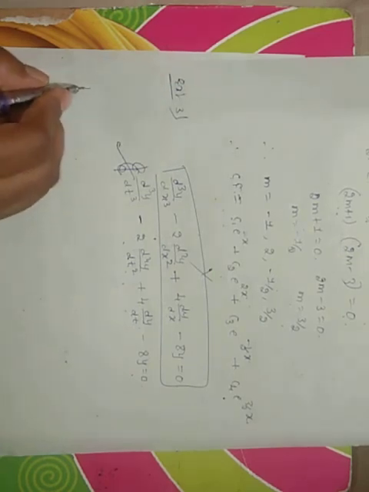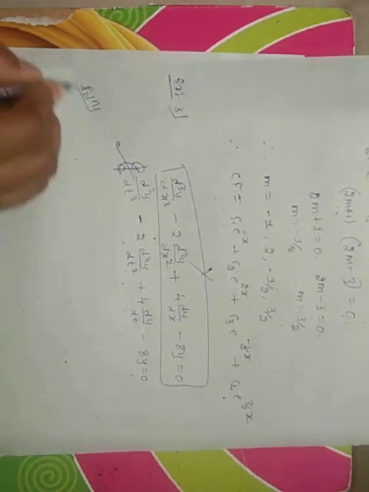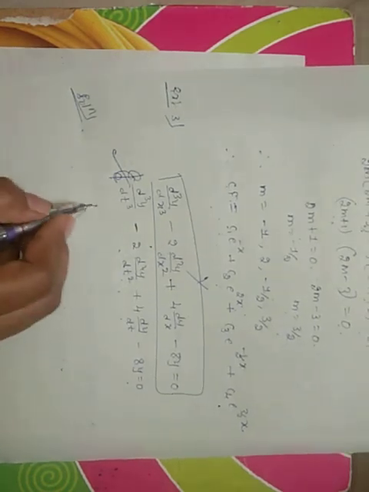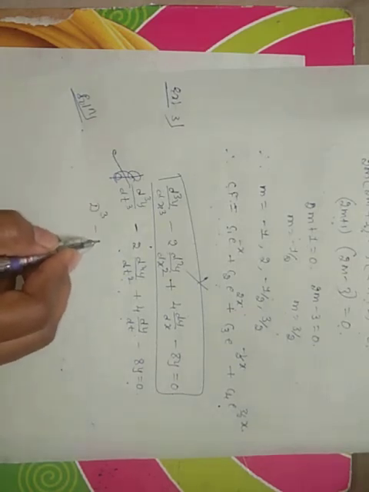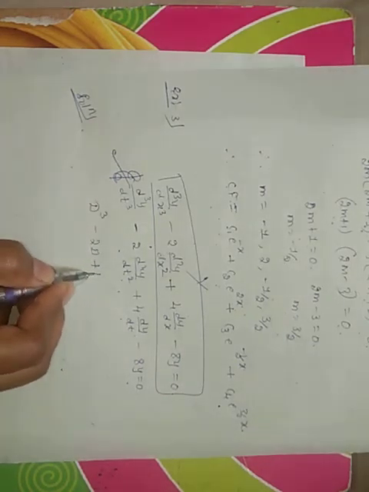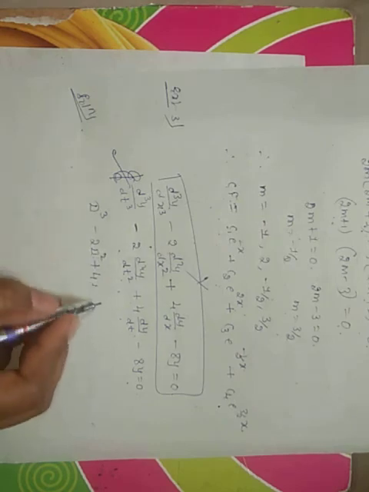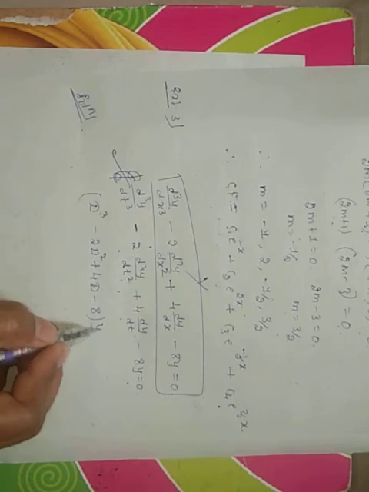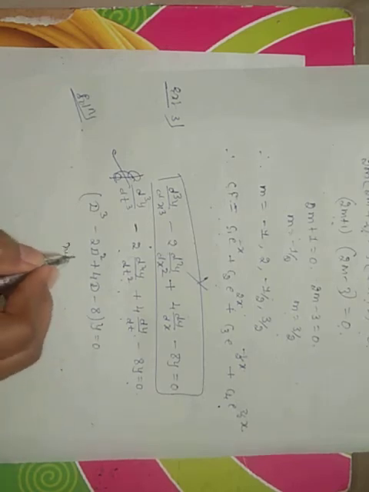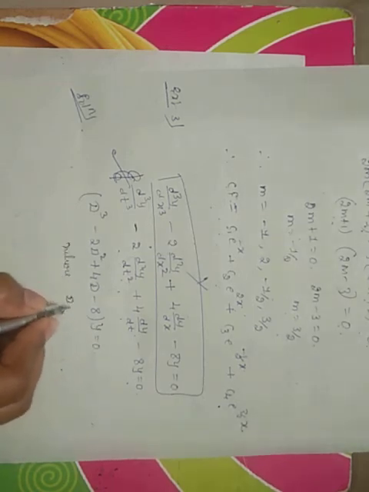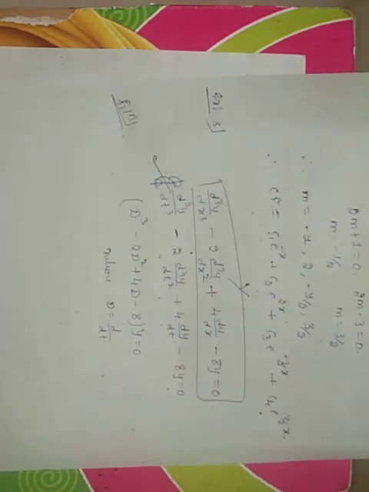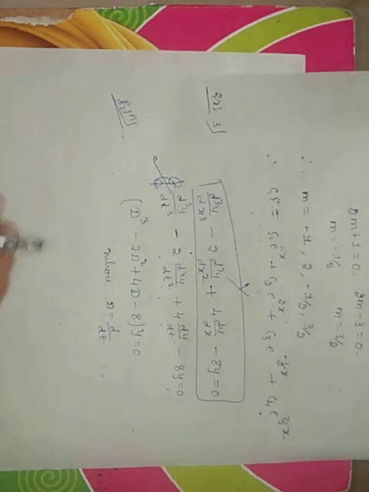When we start the solution, first we have to write down the given equation in the form f of D of y equal to 0. So take down f of D: D cube minus 2D square plus 4D minus 8 of y equal to 0, where D equal to d by dt, because it is the variable t.